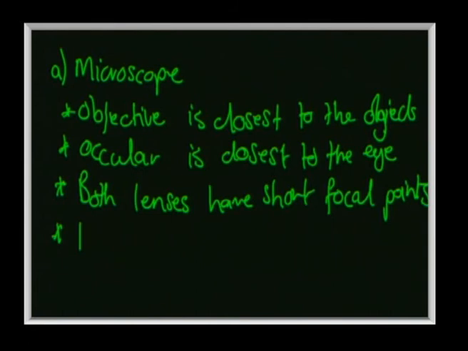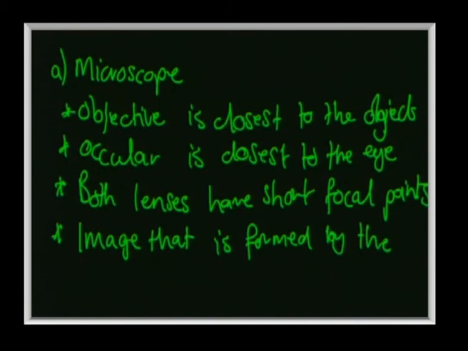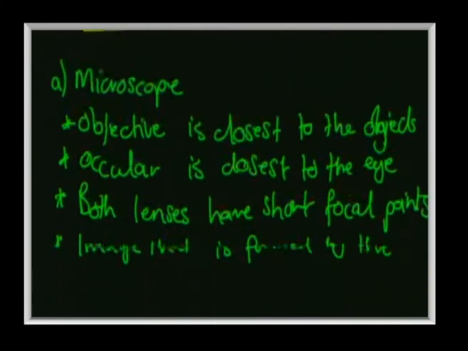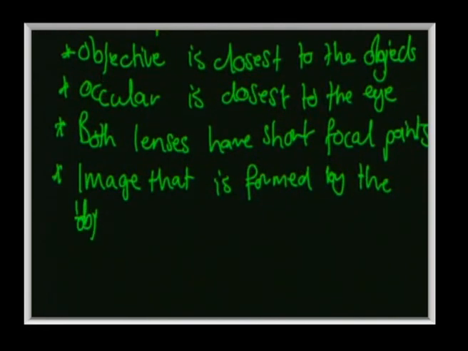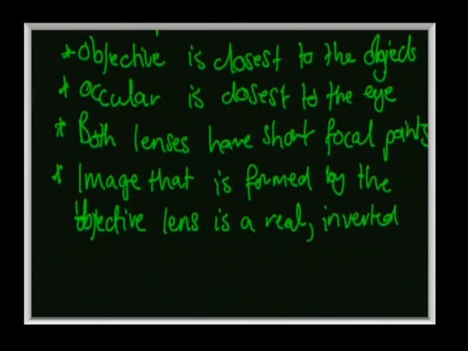So you can say over here that the image that is formed by the objective lens is a real, inverted, and enlarged image.